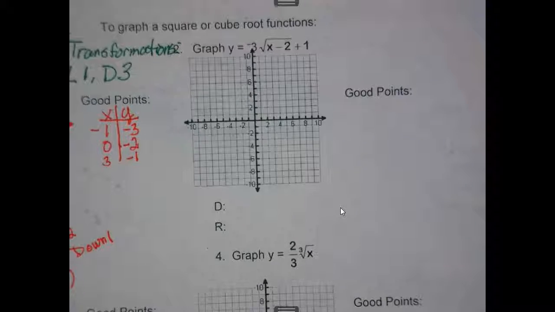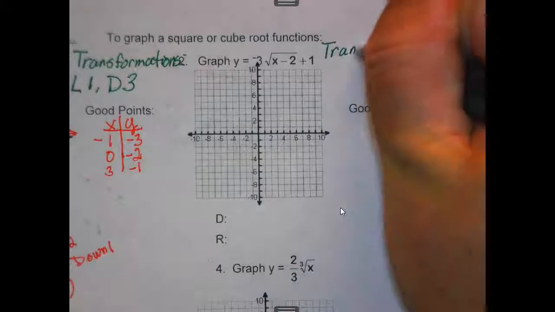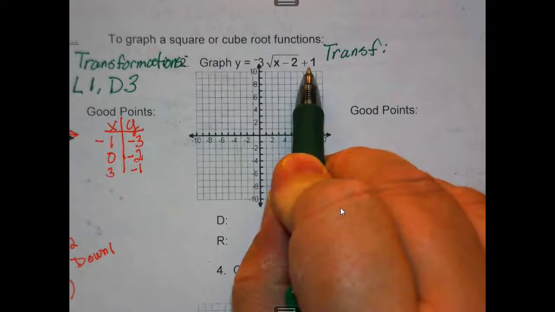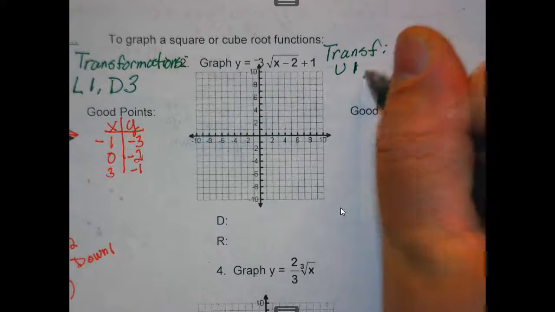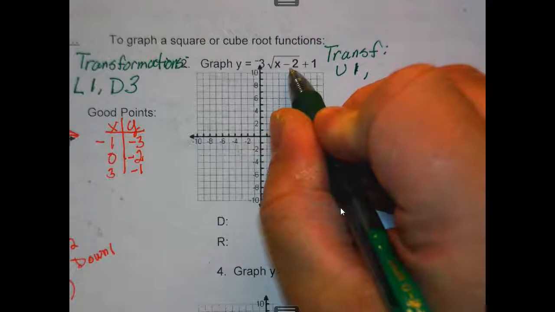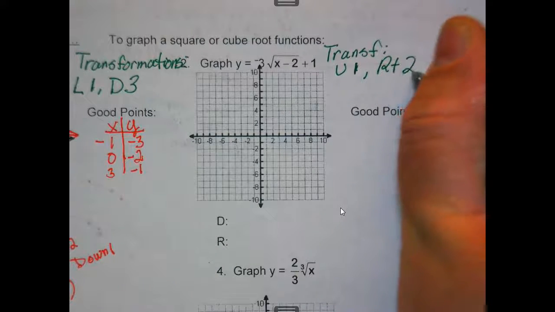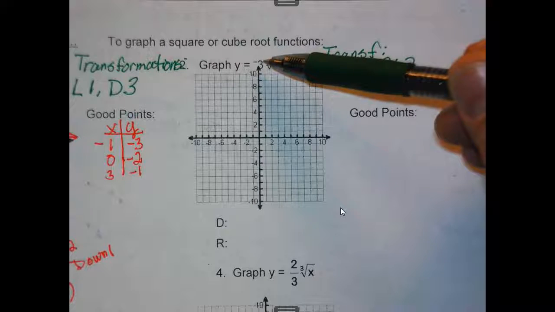Number 2, what are my transformations? Right 1, up 1, right 2. What about my A here? What's this going to do?